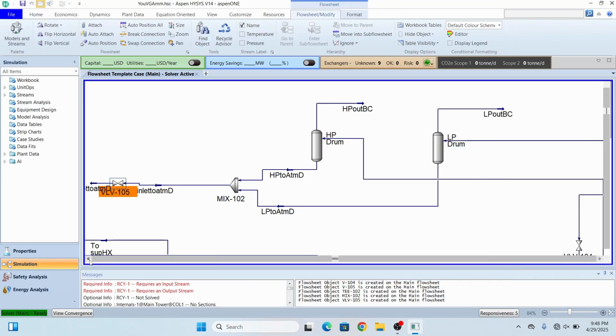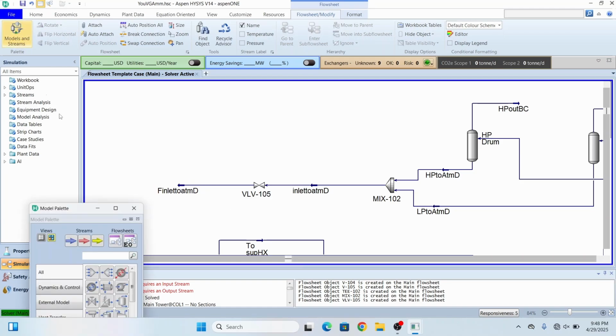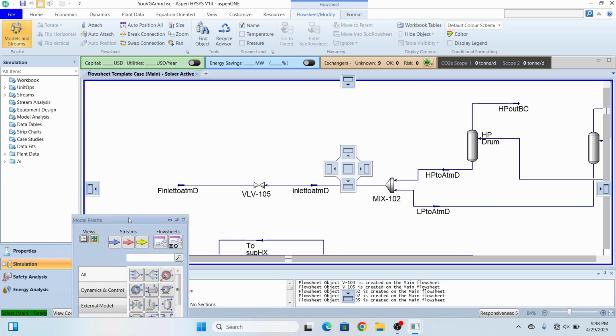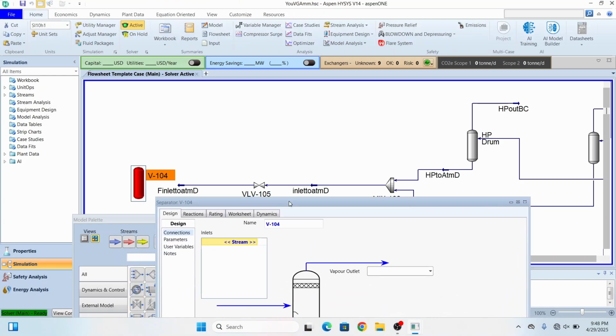Now this is the final drum, the atmospheric drum. Again I will go to my model palette and place a drum, my last drum, which is my atmospheric drum. I will double click on it.